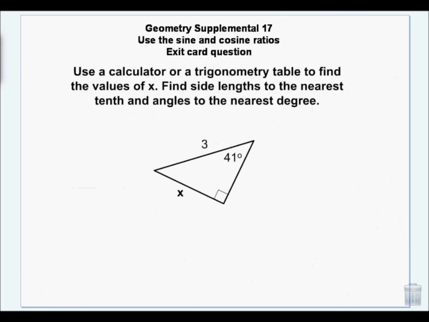Okay, last one. I have opposite and hypotenuse. Sine is the opposite over the hypotenuse. So the sine of 41 degrees is equal to x over 3.